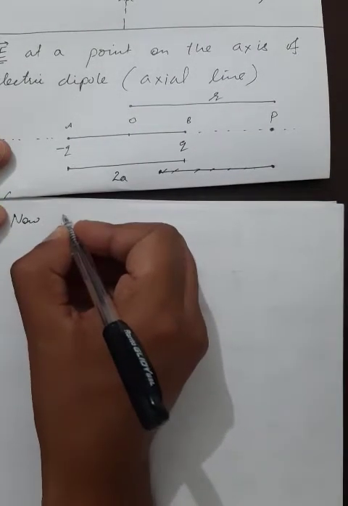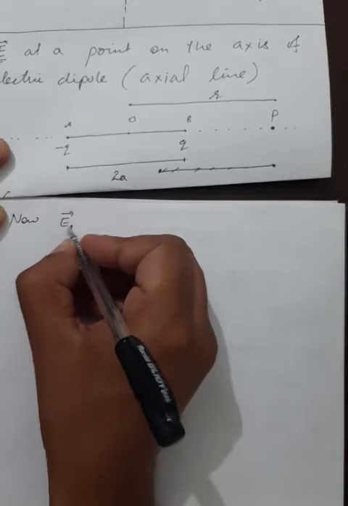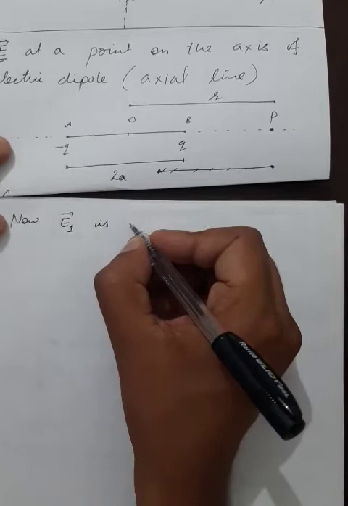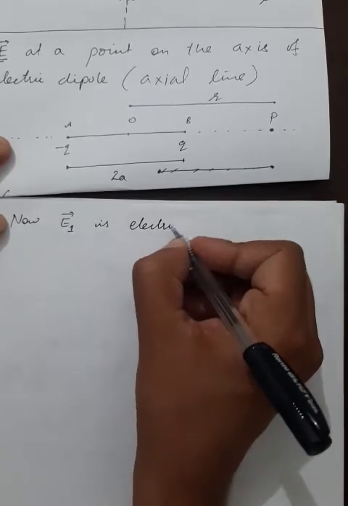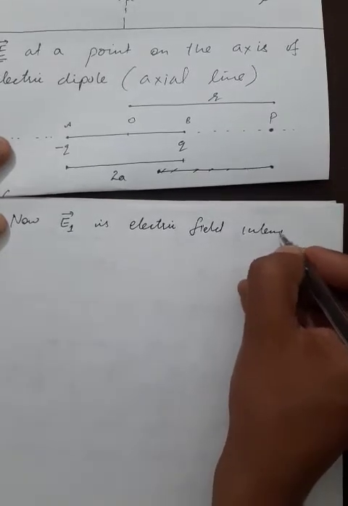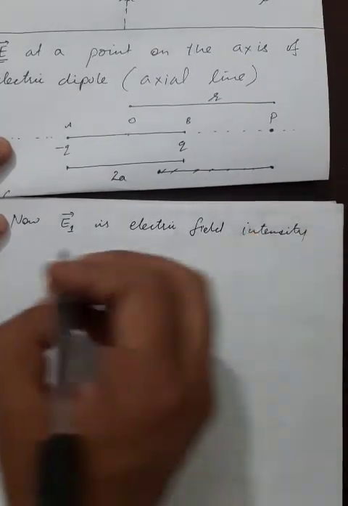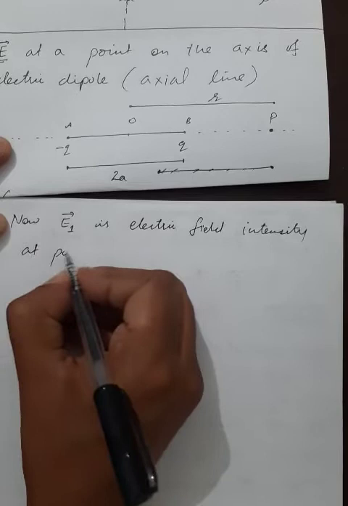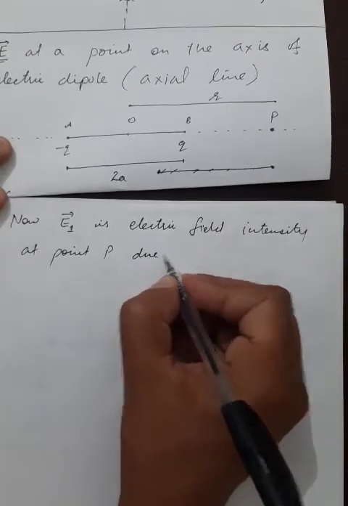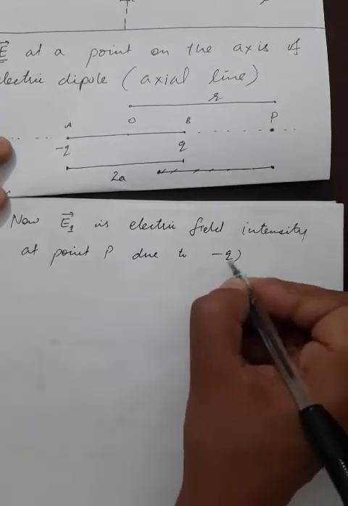Now E vector 1, or E1, is the electric field intensity at point P due to minus q charge.